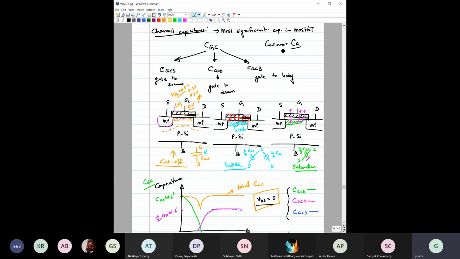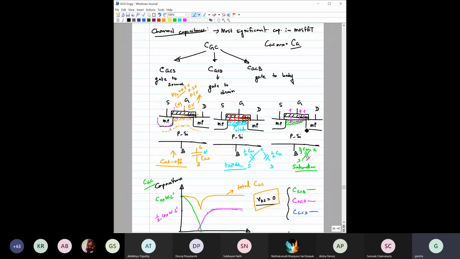But depending on the region of operation, whether the transistor is in cutoff, triode, or saturation, this capacitance can be divided into three parts: gate to channel for the source, gate to channel for the drain, and gate to channel for the body. During cutoff, the body capacitance plays the major role. During the triode region, the gate to body capacitance becomes zero, and the total gate capacitance is equally divided between the source and drain.